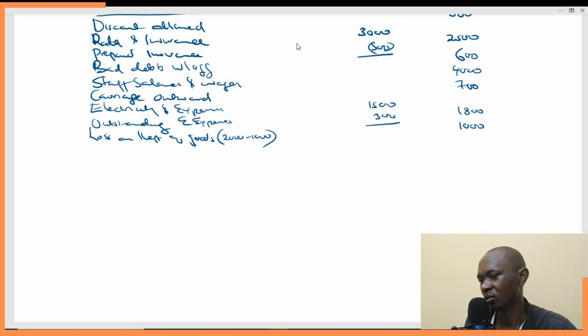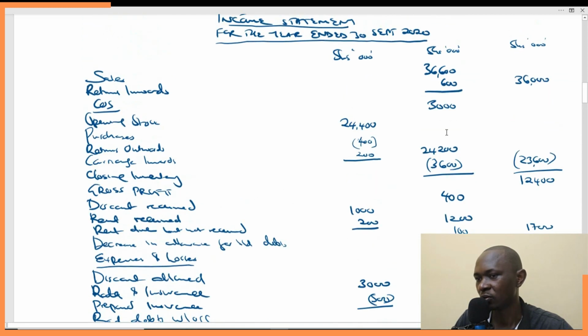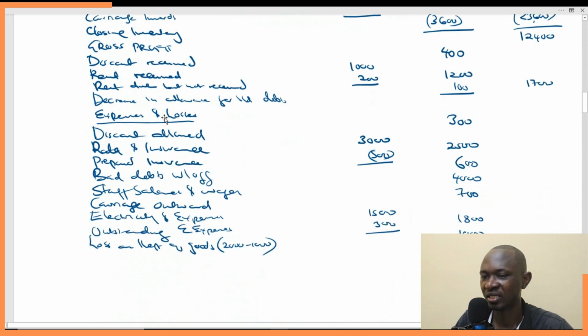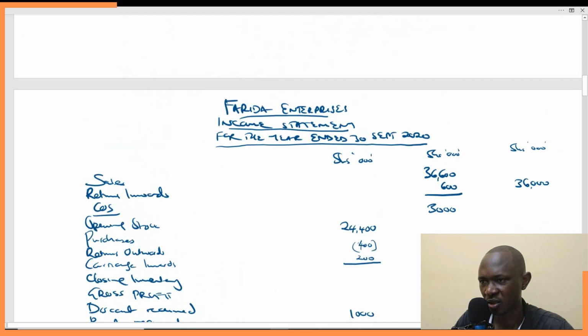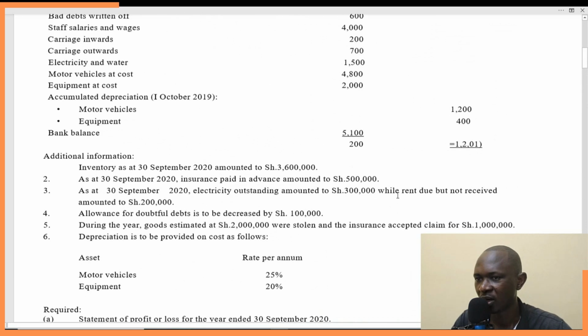Basically the loss was 2,000, but the insurance company compensated 1,000. So we are going to have a loss of 1,000. We've chosen to set off. Otherwise, you could also have it under the incomes, have 1,000 there, and then show the theft on the debit side, 2,000. You'll still have the net effect of 1,000. So how you go about it, that's your choice.